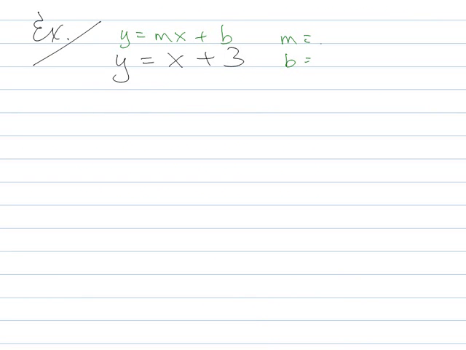Let's try one more, something like y equals x plus 3. Let's write our general form up top. So what would m and b be? Let's do b first. B is clearly going to be 3, so our y-intercept is 3. So we'll have the point (0, 3) to contend with.